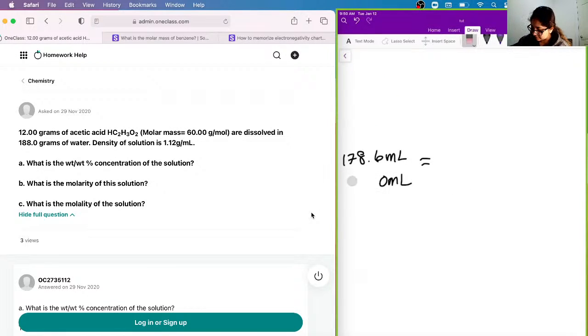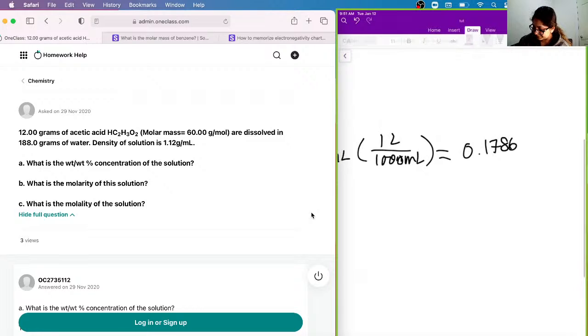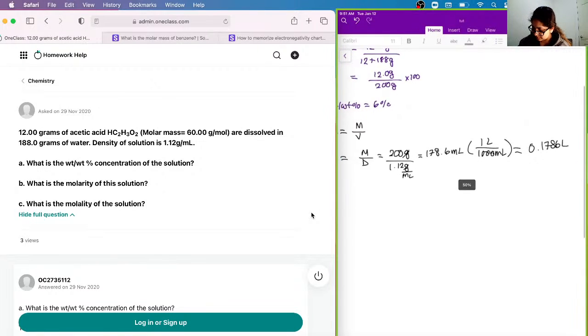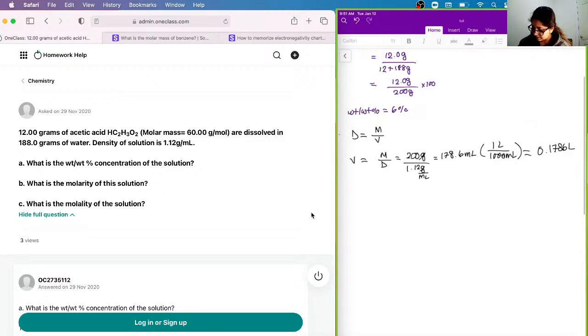And let me write this way. So you basically write 1 liter divided by 1,000 milliliters. And this is equal to 0.1786 liters. So now we found our volume, and so the next would be to find the molarity.